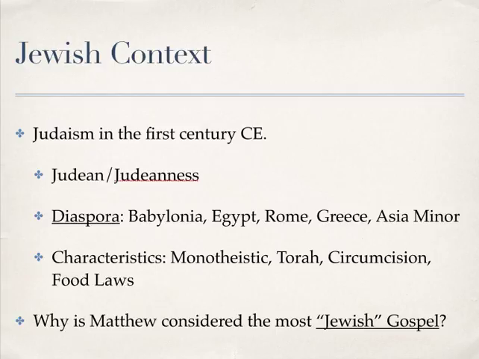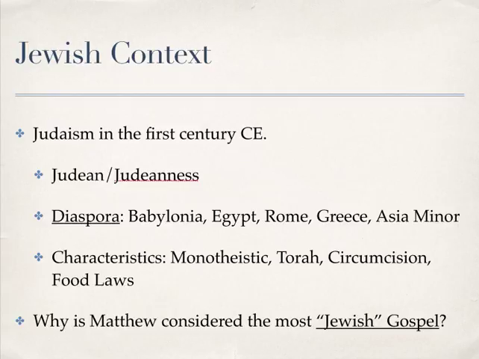But it also had a political context, because just before Rome annexed Judea, it was an independent and autonomous nation. When the Hasmoneans and the Maccabees revolted against the Greeks way back in the second century before the Common Era, they had become an autonomous country.